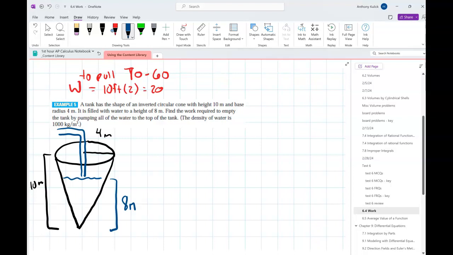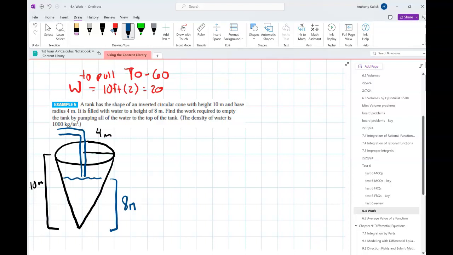By the time we get to the bottom, how far does that have to be pumped? 10 meters. So what's changing? The height that we're pumping. What else is going to be changing though? The radius of the circle of water that we're going to be pumping, right? Because we're always going to be pumping from the top down. As we start, we have a big circle of water that we're pumping. By the time we get to the bottom, we have a little tiny circle of water that we're pumping, right?